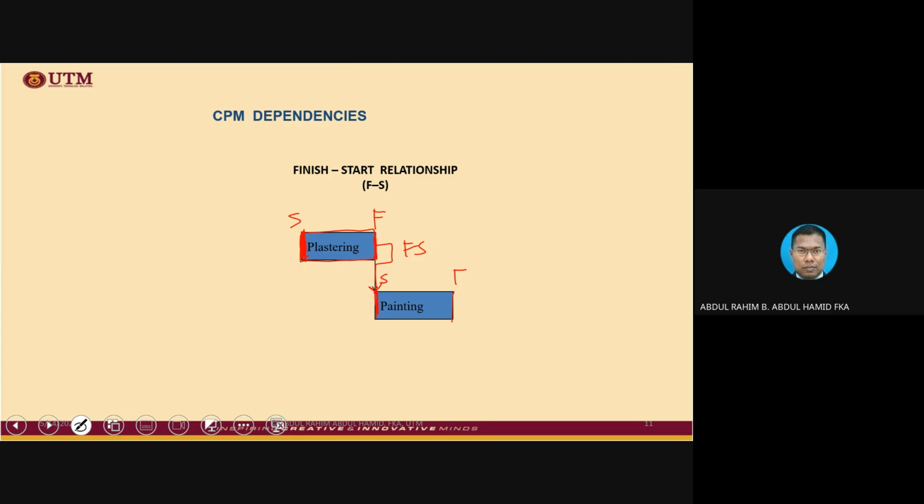But if we only use finish to start relationships, for instance, all the activities are like this, at the end of the day we are going to have a long project completion period, which we might not be able to afford.